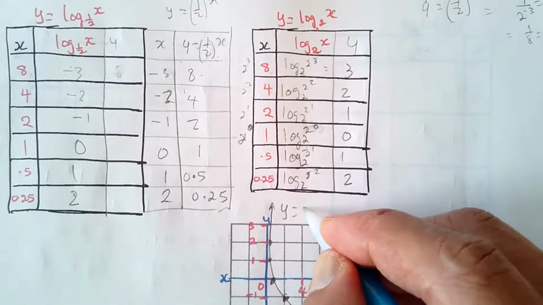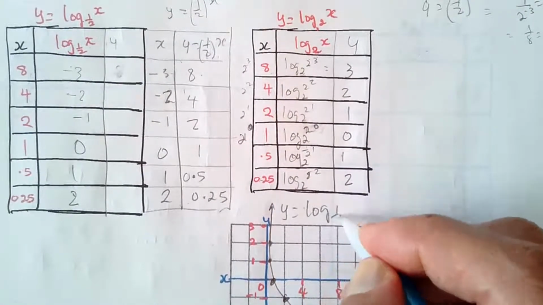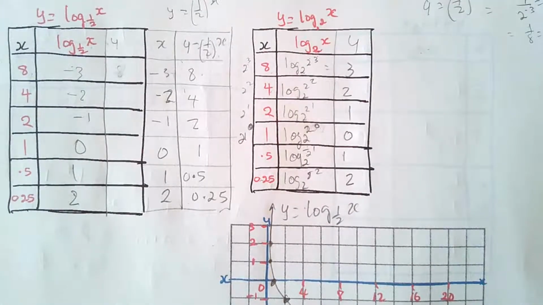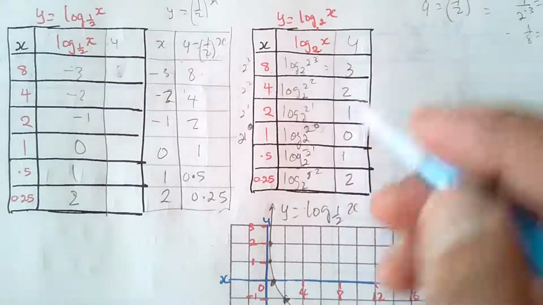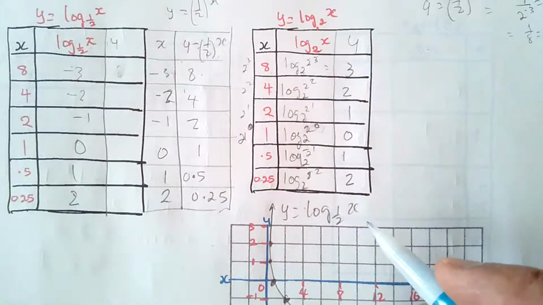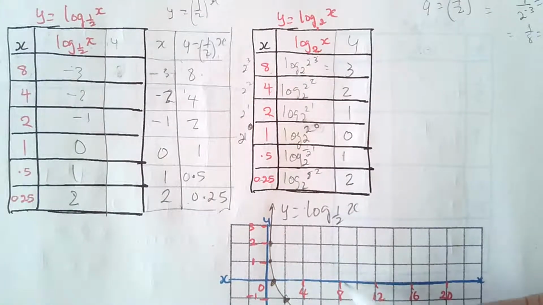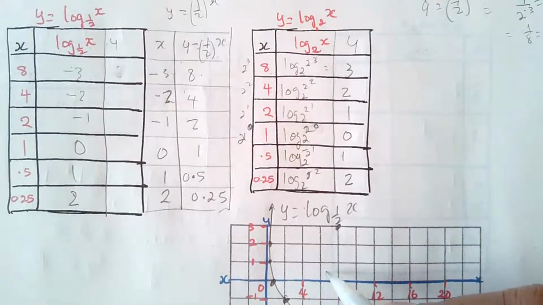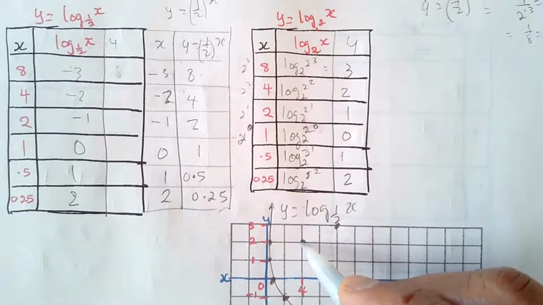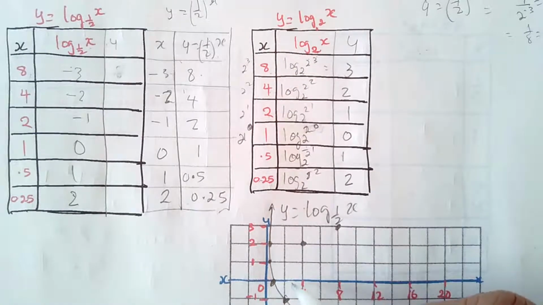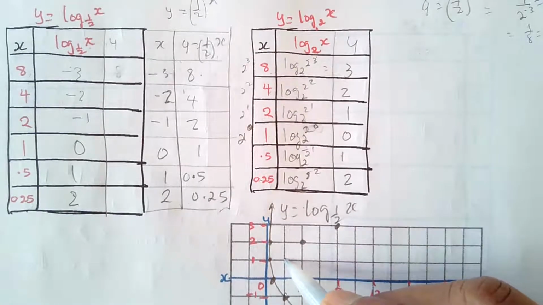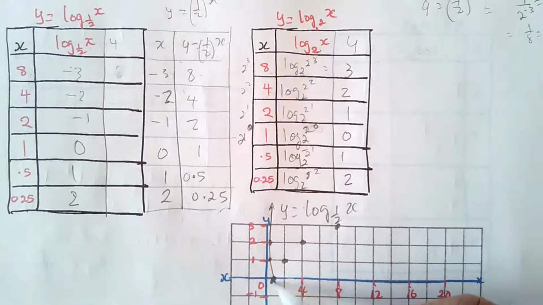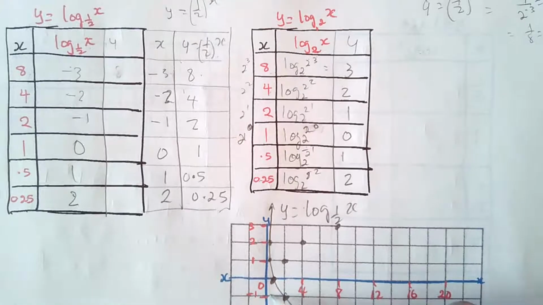Y is equal to log half x. And we plot this, we have 8, 3. So we have x is 8, y is 3. X is 4, y is 2. X is 2, y is 1. So 1, 0. We go down.